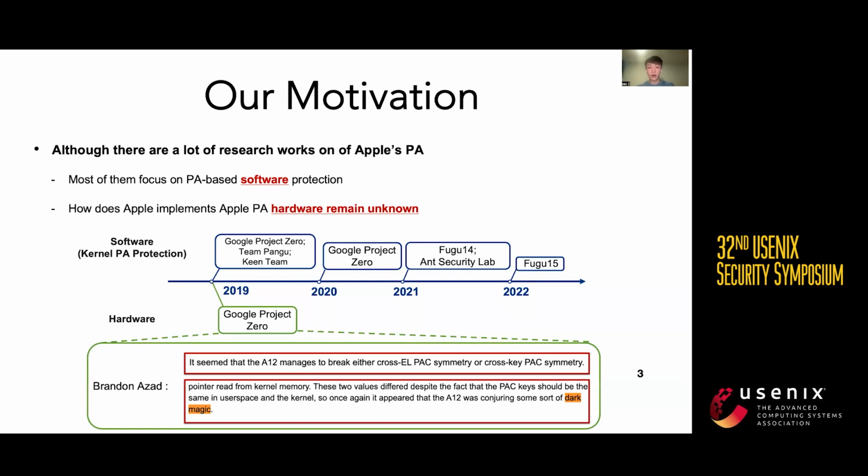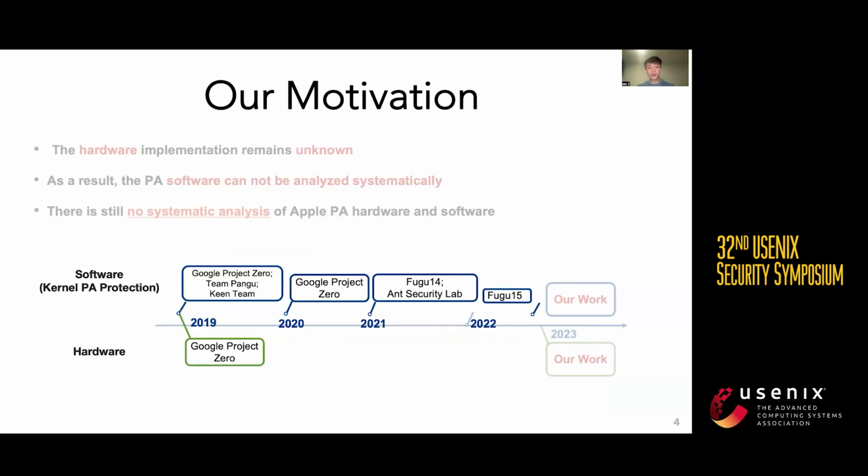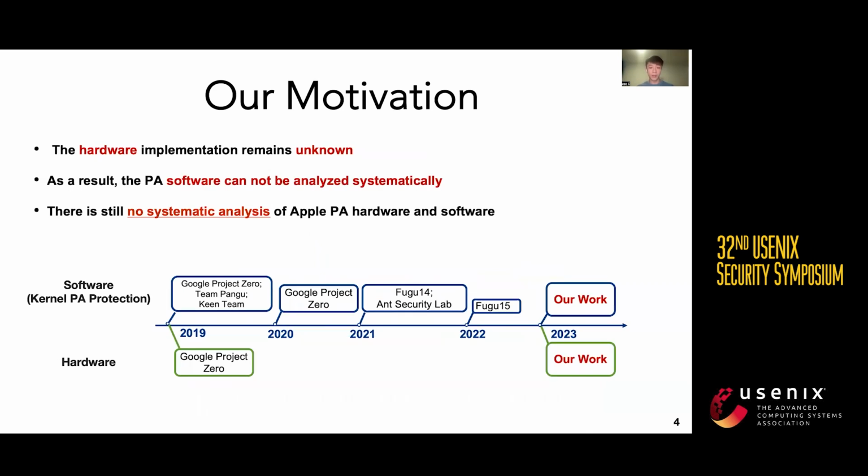And these cross-domain attacks cannot be defended by ARM-spec pointer authentication. However, the exact implementation detail of Apple's cross-domain attack mitigation remains unknown to researchers outside of Apple. As a result, previous works on analyzing Apple's PAC are not comprehensive.